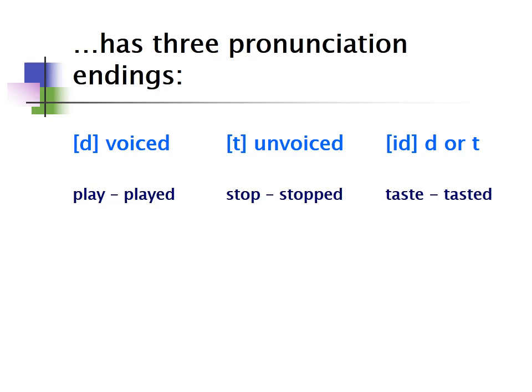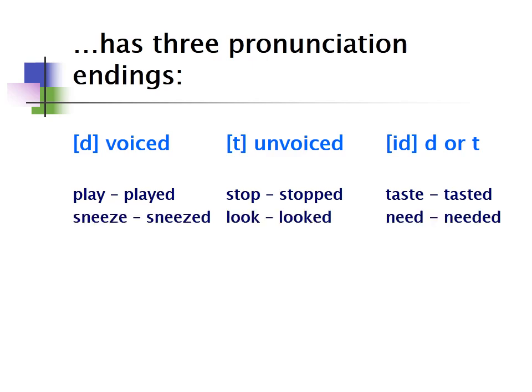And taste has a t ending, even though there's an e, so you simply add d, but it becomes tasted. Sneeze, sneezed, look, looked, need, needed, try, tried, watch, watched, decide, decided.